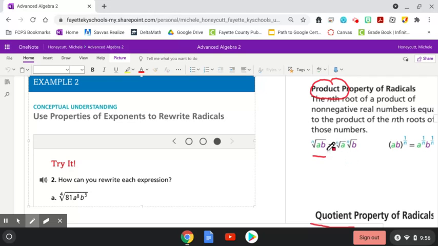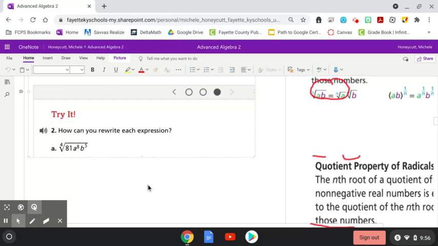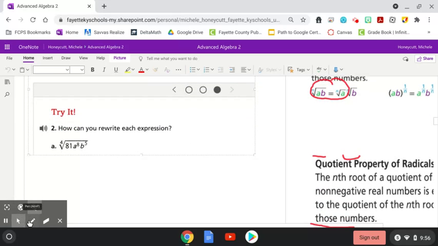Okay, if you have a radical of two terms being multiplied, you can split it up into two separate radicals. So that's what we're going to look at here. I have the fourth root of 81 times a to the 8th times b to the 5th.